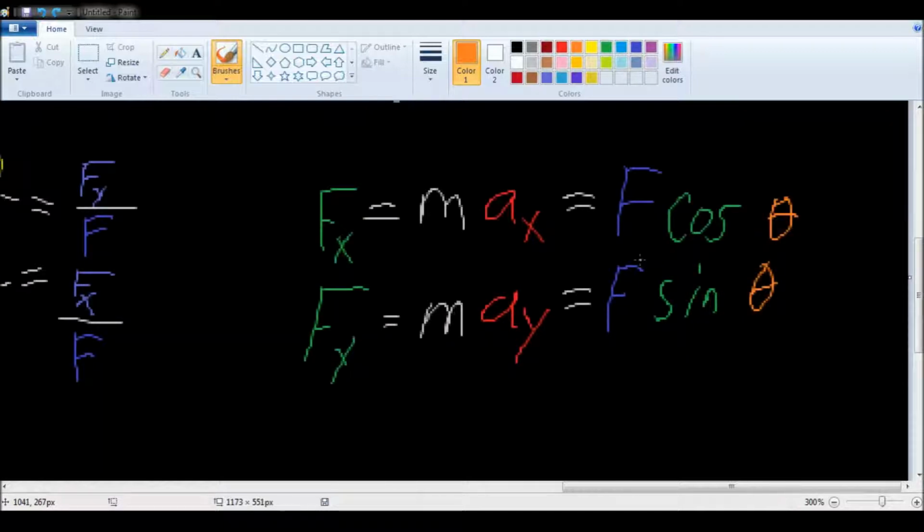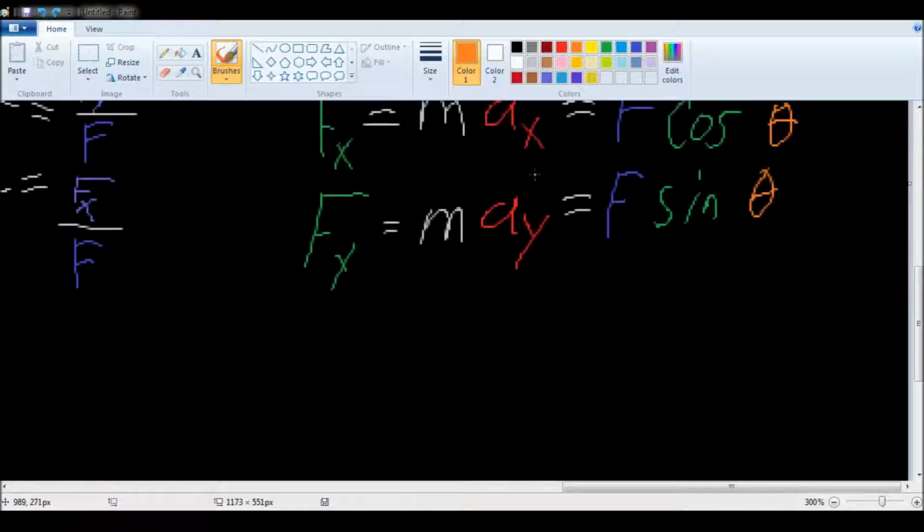Let's say we're looking for the acceleration in the y direction. We're given the acceleration in the x and theta. Well, we can solve for f over here. Solve for f here, and then plug f into here because we were not given f, and we'll get ma over sine theta, because we'll divide that over here.